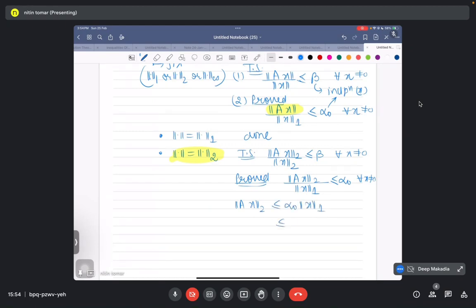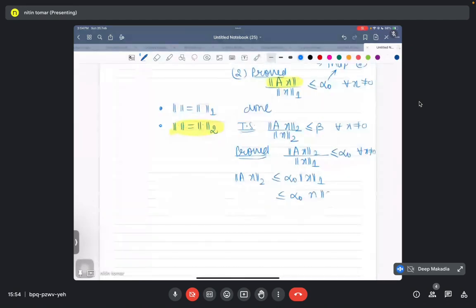Now use the inequality equivalence relation. This relation you use: norm x1 is less than or equal to n times norm x2. Correct? Now you take norm x2 to the denominator, and this will be n times alpha naught. Am I correct?